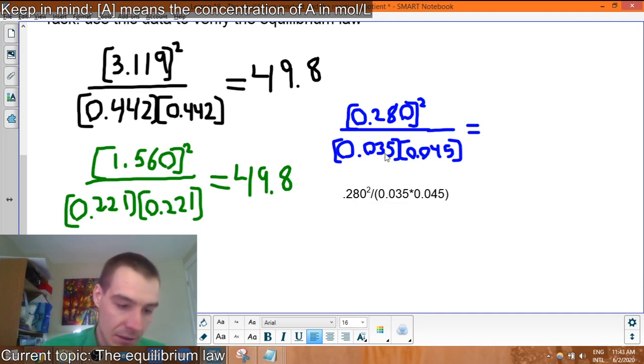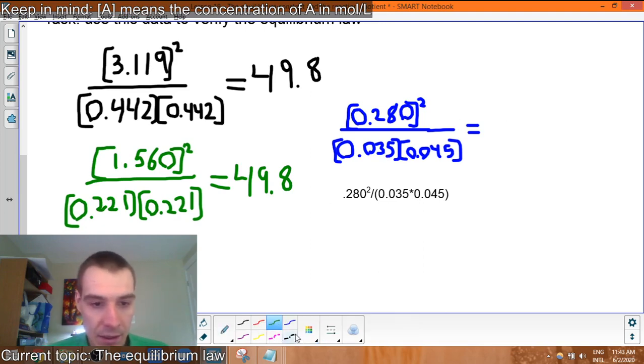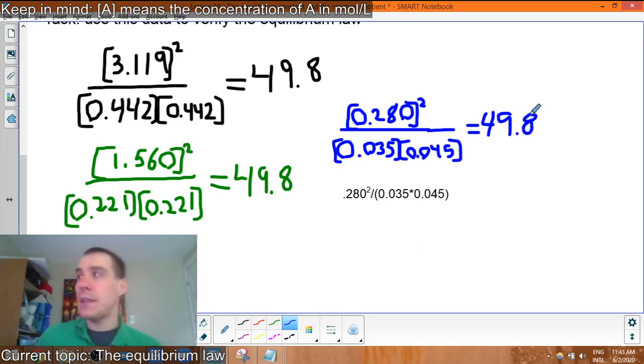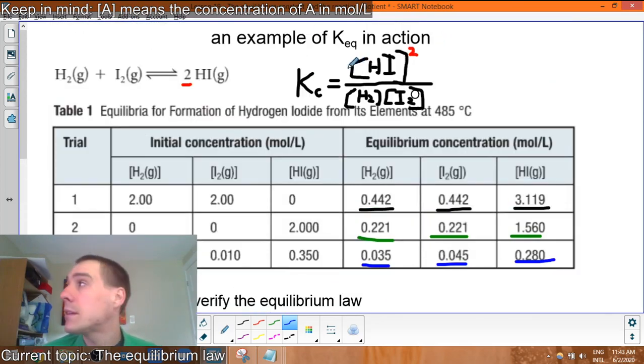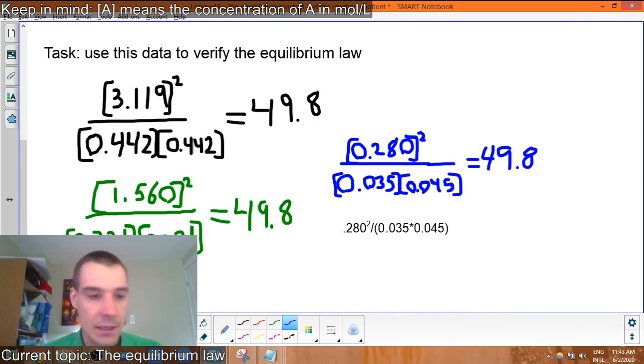So 0.280 squared divided by open bracket 0.035 times 0.045, 49.8. Oh, hey, look at that, 49.8. They're all slightly different because of, I guess, rounding or experimental accuracy. But you see that they all come out to the same number, and that's how KC is supposed to work. And that's the equilibrium law.